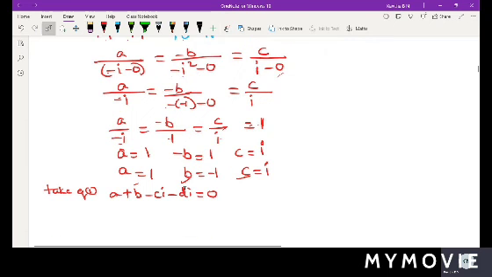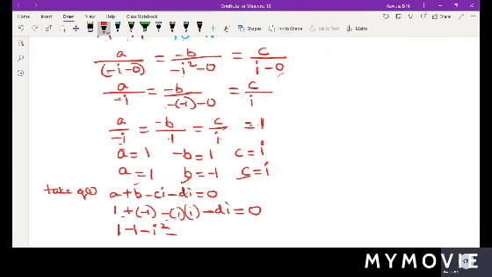The a value is 1, b value is minus 1, then the c value is i and i, then minus di is equal to 0. Then 1 minus 1 minus i into i is minus i square minus di is equal to 0.